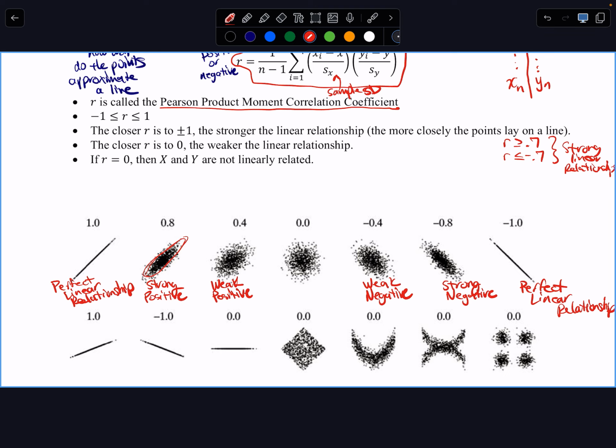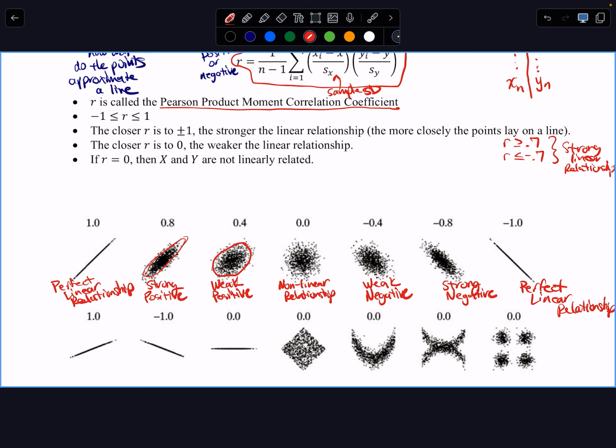So you see in this example here, we have more of a circle. It's not a perfect circle here, but that lets me know when I'm trying to look at a scatter plot to tell if I have a strong or a weak correlation, it's going to be a weaker correlation. And then this one here with the correlation coefficient is 0, we're going to say that this is a nonlinear relationship.